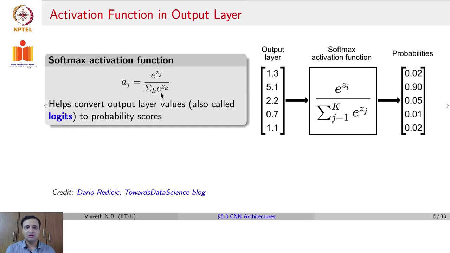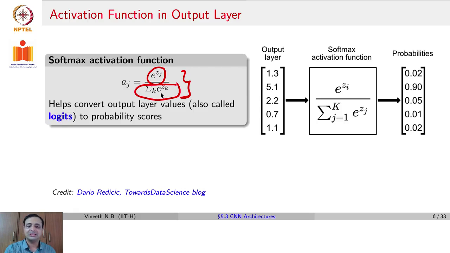What does this do? Remember, in this case, the summation of all the e power Zk's in the last layer will always be greater than e power Zk, which means these values are definitely going to lie between 0 and 1.